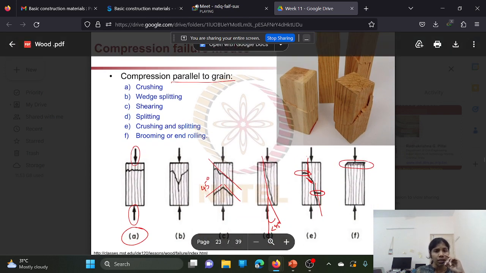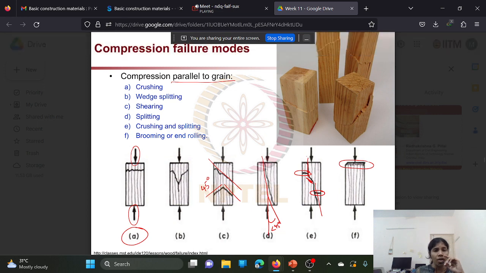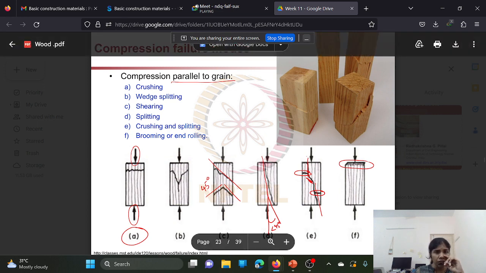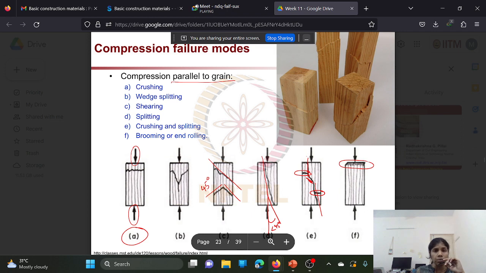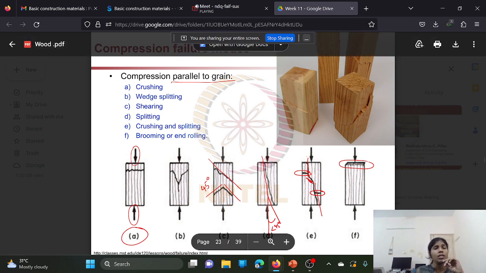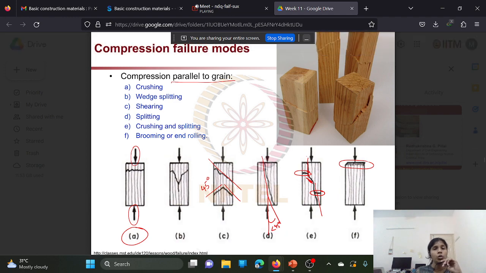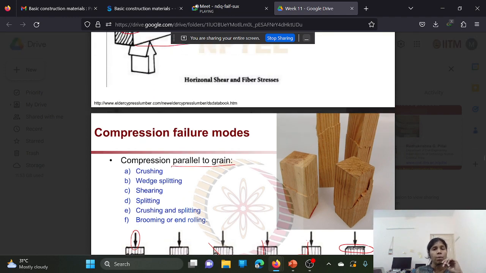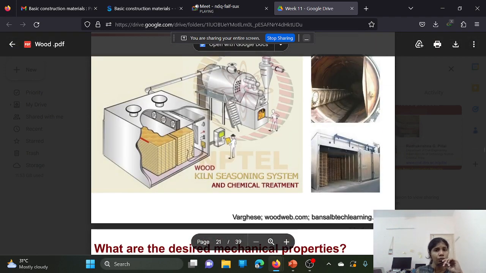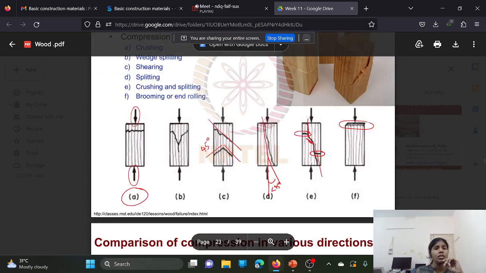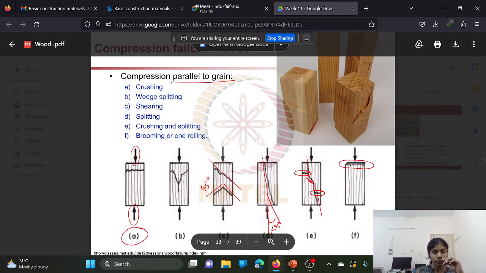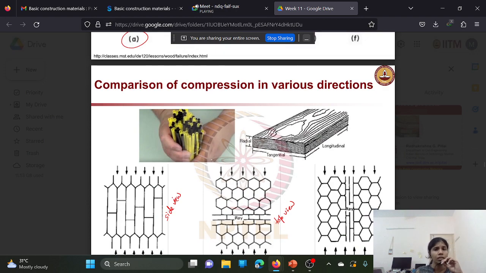This is wedge splitting. This is shearing failure. This is splitting failure. This is crushing and splitting. This is brooming or end rolling. These are the different failure modes in compression.